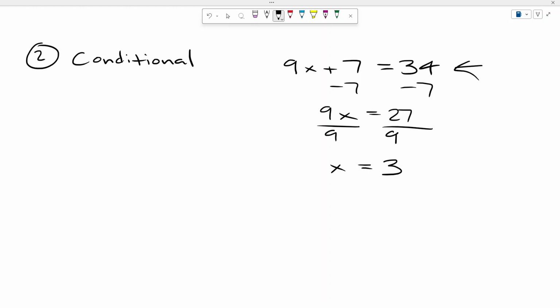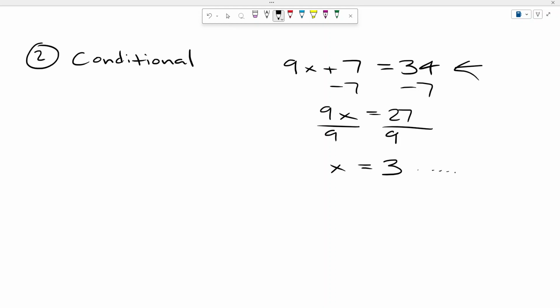So this would be a conditional, because unlike an identity, we can't just put any old number in here and have it work. In this case, there's only one solution that works. So this is a conditional. And we would specify there, it doesn't have to be one. You could have 2, 3, 4 different answers in your solution set.